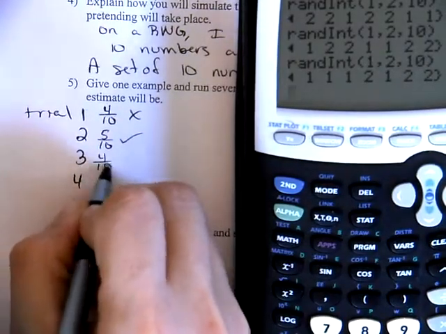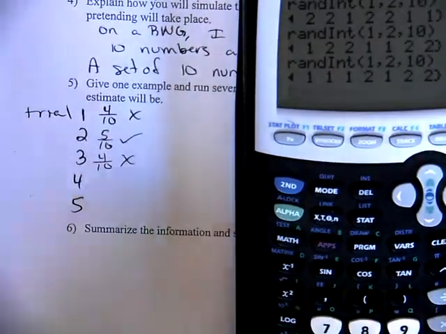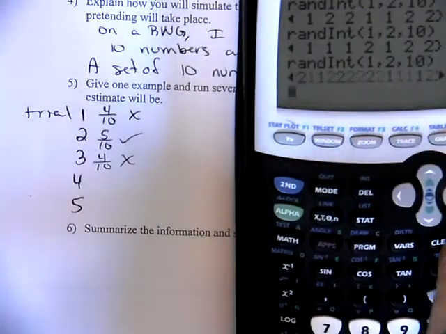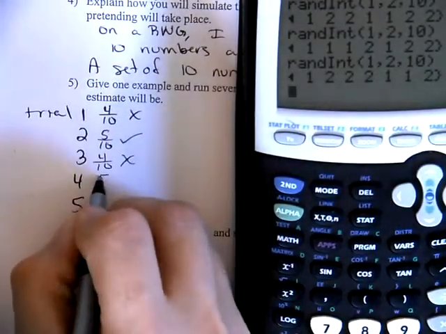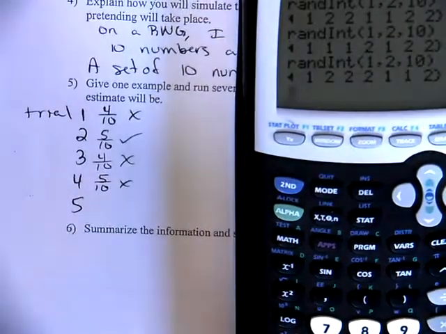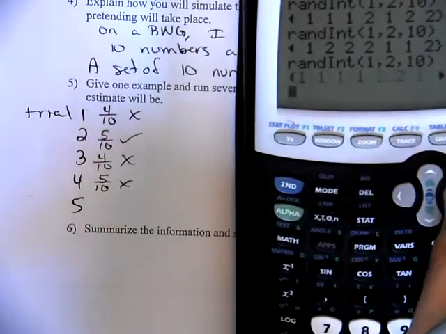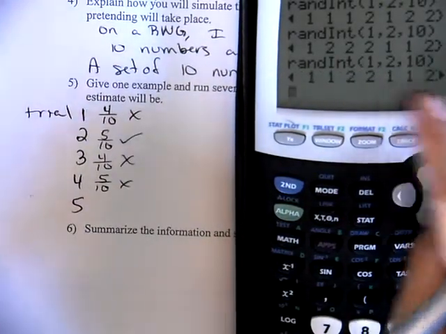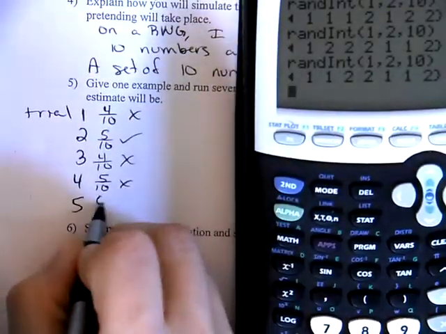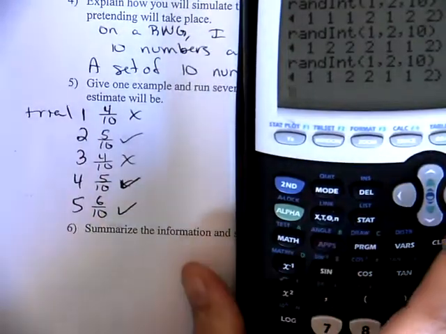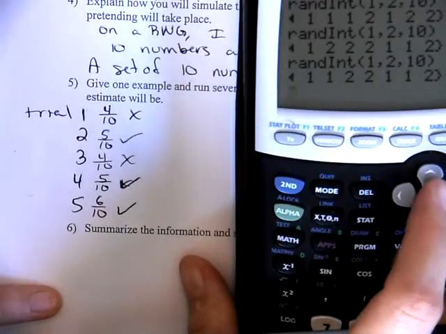So 4 out of 10, nope. 1, 2, 3, 4, 5. 5 out of 10, nope. 1, 2, 3, 4, 5, 6 out of 10. Oops, this should be a check. Check, check. I got 5.